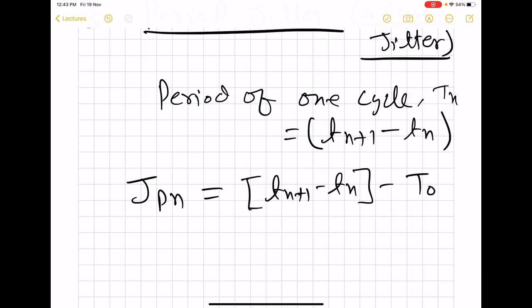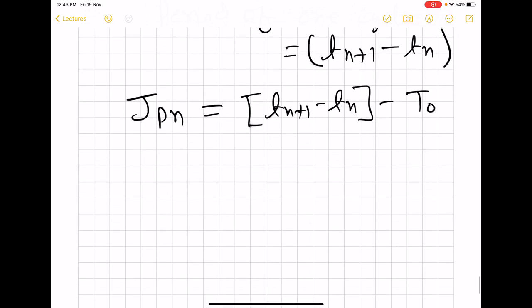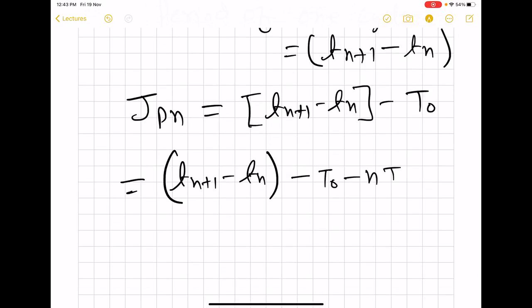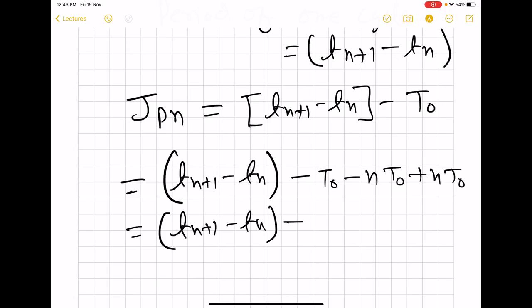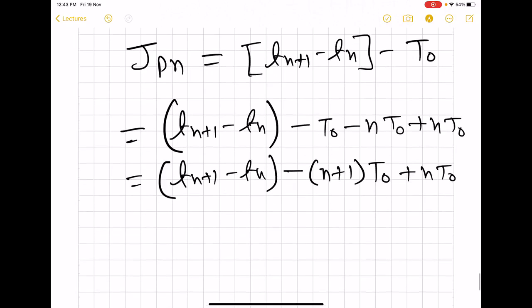And this can also be specified in terms of absolute jitter. So we can do the manipulation. Tn plus 1 minus Tn minus T0 minus n T0 plus n T0. So here we can combine and write n plus 1 T0 plus n T0.